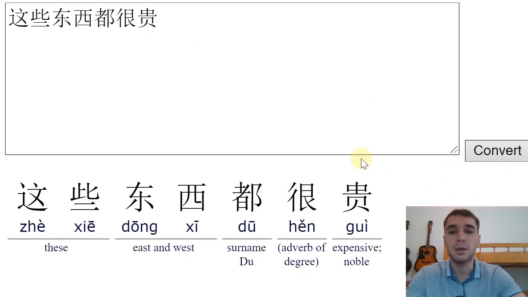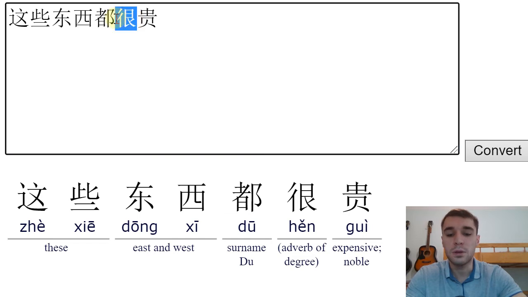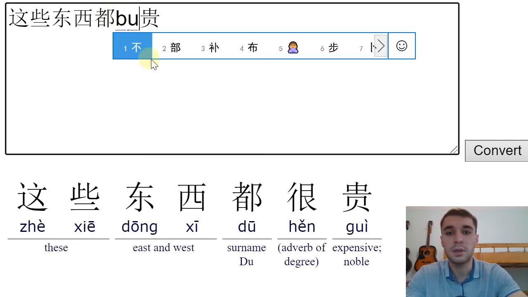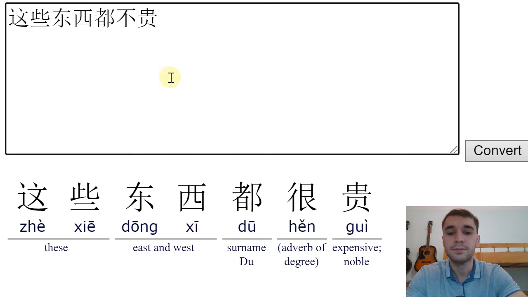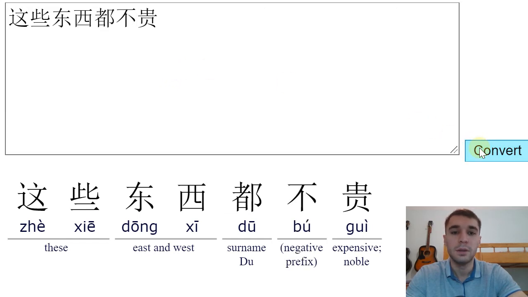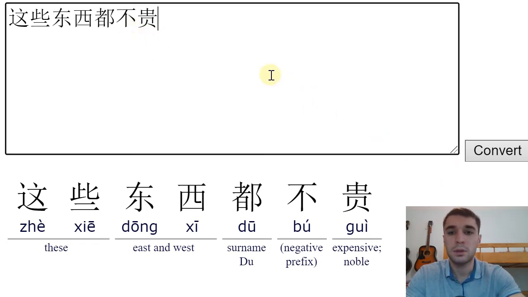These things are all expensive. If you want to say these things are not expensive, what should you say? We just write 不 instead of 很. So 这些东西都不贵. That's how we use it.